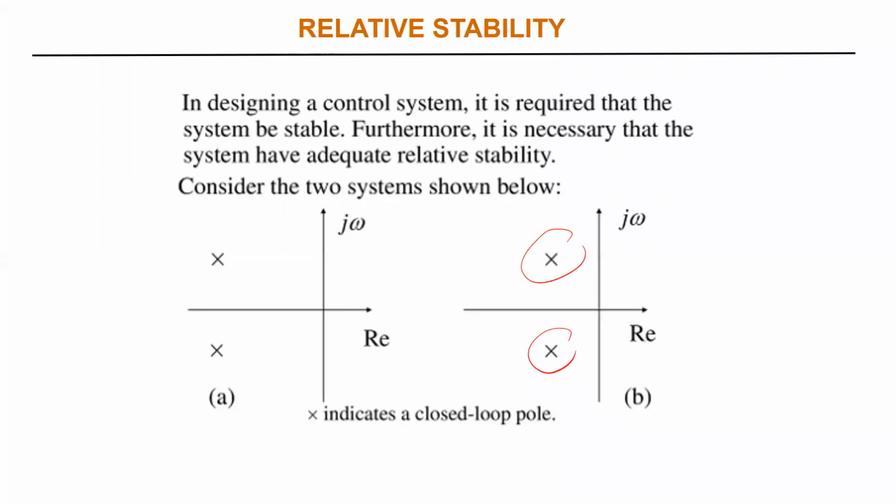If the poles are near the j omega axis but not on it, we worry because if we want to increase the gain or a certain parameter, or if there is a perturbation in the system, such as noise, this might drive the system to instability. So it is really dangerous. We need to know the margin that we have for stability.